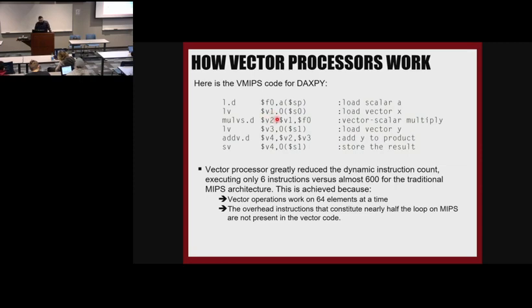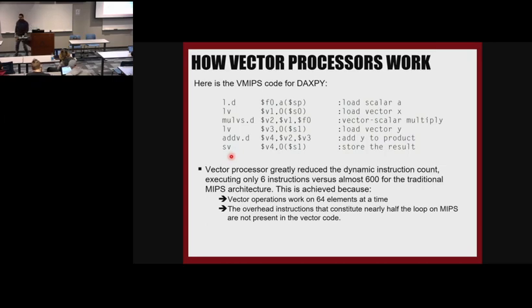Now you multiply V1 with the scalar using the MULVS.D instruction. This handles the entire vector multiplication. Then we load the y vector, and we use ADDV.D to add these two vectors. Then we store it back using the SV instruction, right?